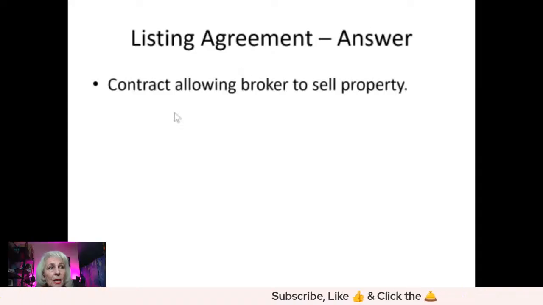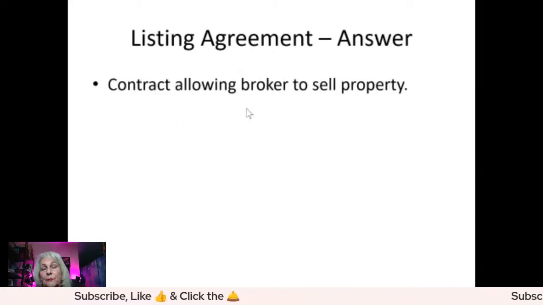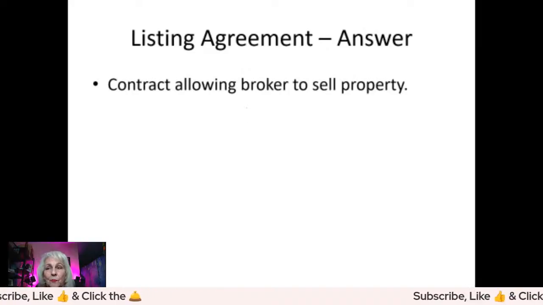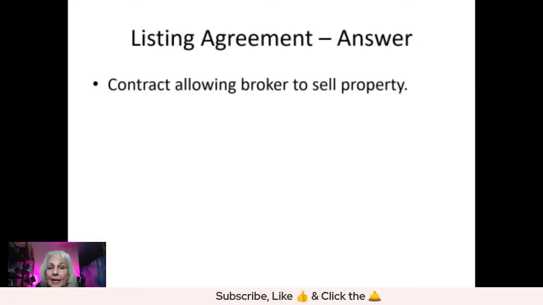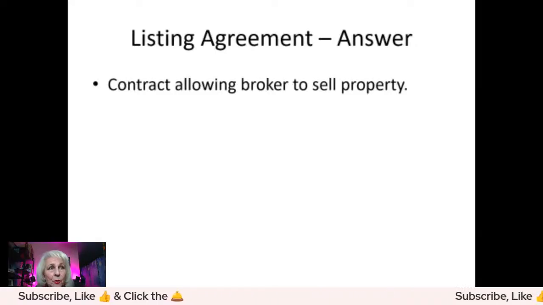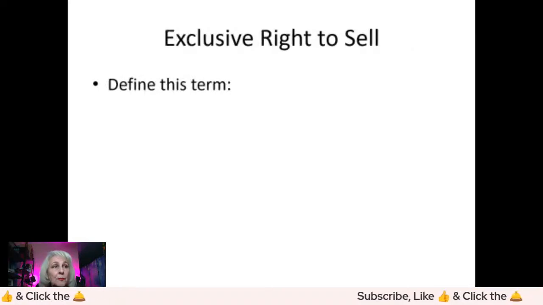So it is a contract allowing the broker to sell property with it being actually represented by an associate, and the associate is the one that typically signs all the listing agreements and all other agreements that are required to be signed by a broker.